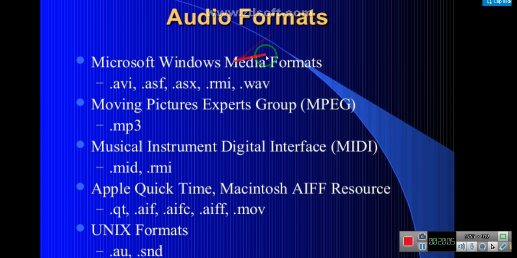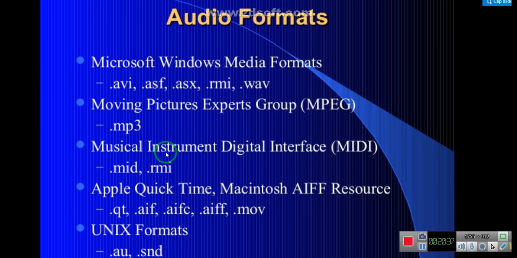Now audio formats: in which format can you save your audio? Microsoft Windows Media Format, AVI, ASF, ASX, RMI and WAV. Then MPEG, which stands for Moving Picture Experts Group. In the previous lecture we also studied MPEG. It is in the form of MP3.